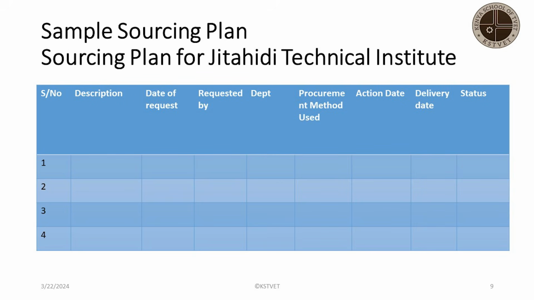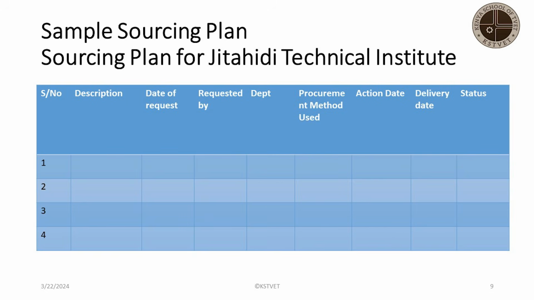We have department, where you'll include the department that is making a request for the item to be bought. It will include the procurement method to be used, where you'll indicate the kind of method that you're going to use when procuring that particular item.